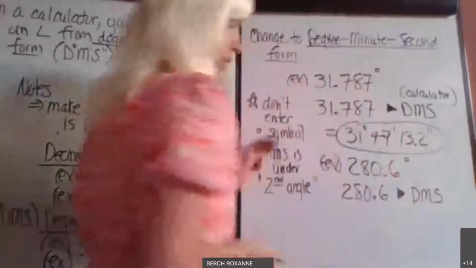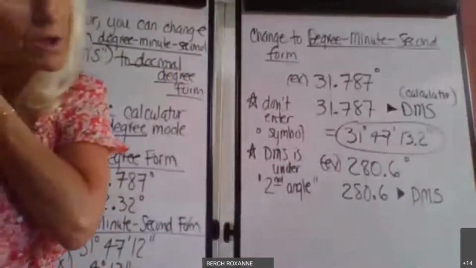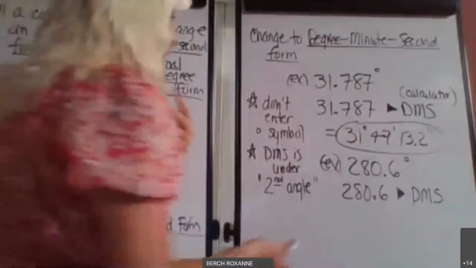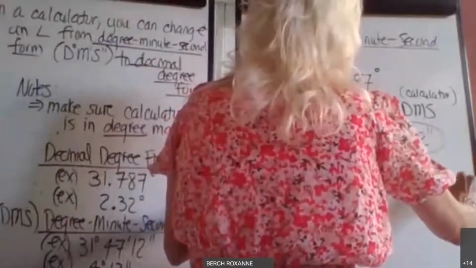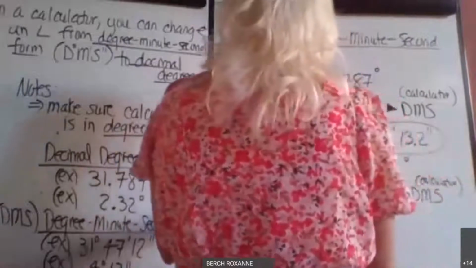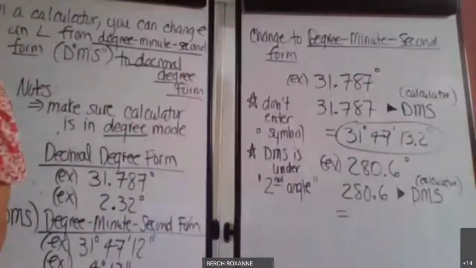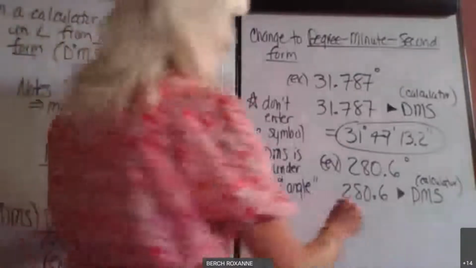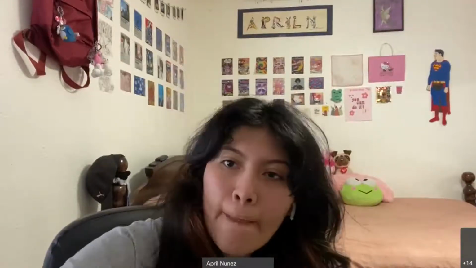And you're going to make sure that you're in degree mode. So what did you get? I got 280 degrees and 30 minutes, 0 seconds. That's correct.